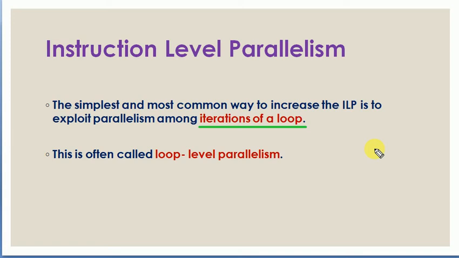That is a larger task that takes more time to execute. If we execute the loop in parallel, the entire execution of the loop can be done in less time. This type of parallelism is called loop level parallelism.